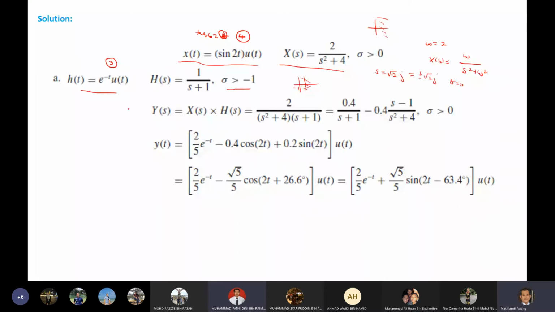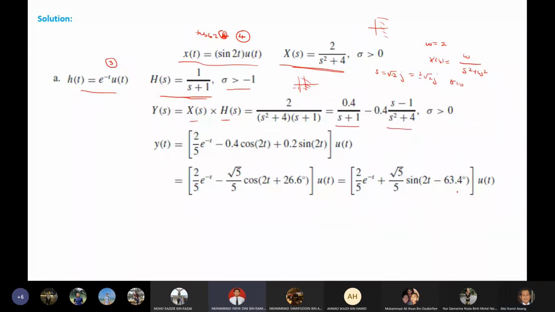Since you have H(s) and X(s), you multiply 2 over s squared plus 4 by 1 over s plus 1. So you get 2 over s squared plus 4 times s plus 1. This can be written as this.